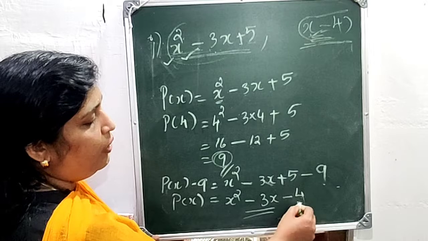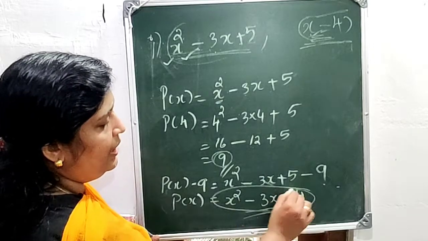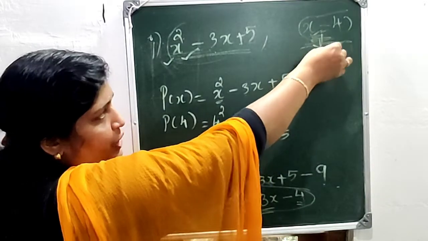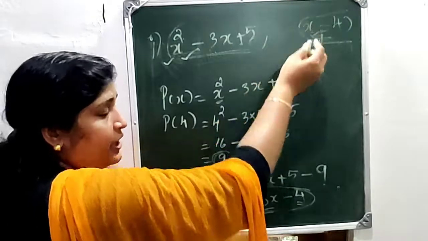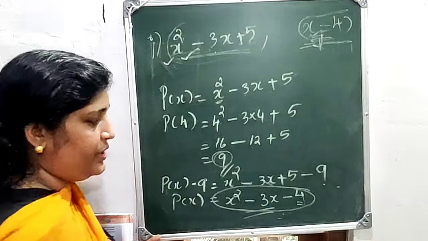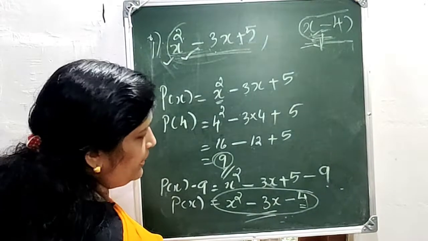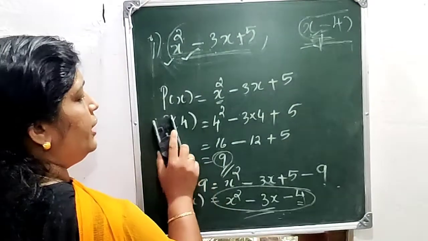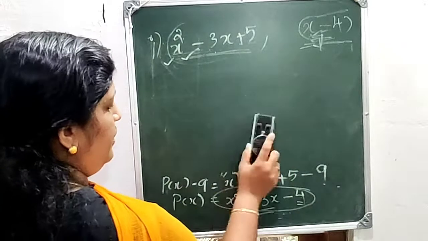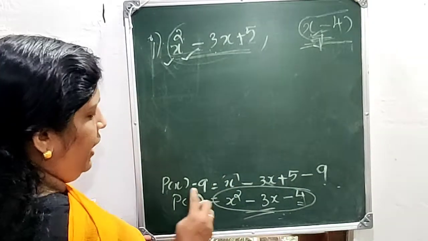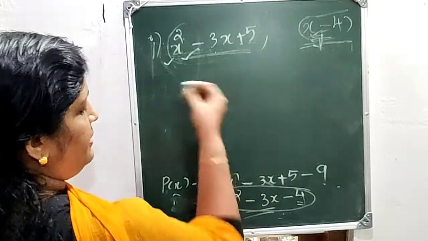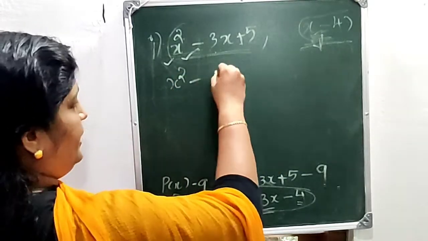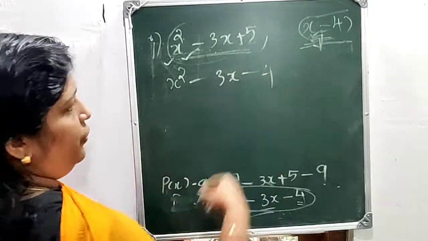Okay, and what about this polynomial? x minus 4 is a factor of this polynomial. If it is a factor, we can see that p of 4 is equal to 0. Let us check whether p of 4 is equal to 0 or not. Here p of x minus 9 is equal to x square minus 3x minus 4.